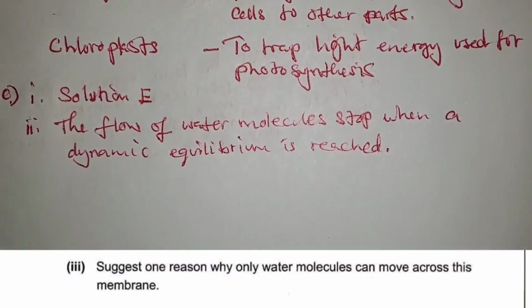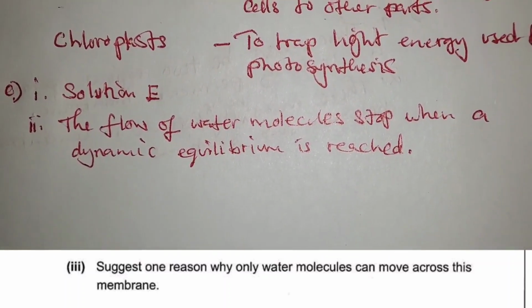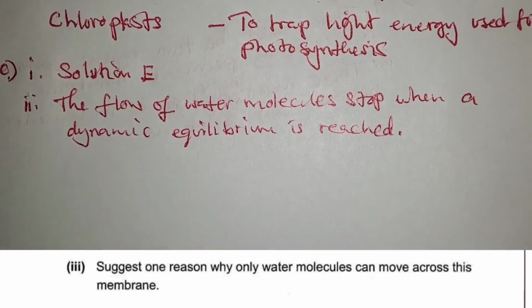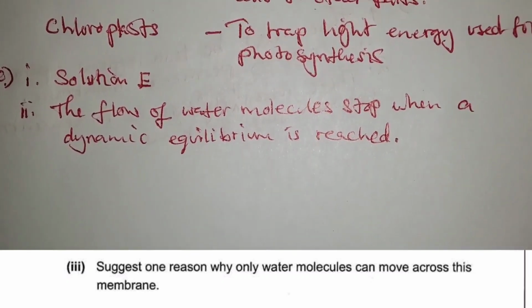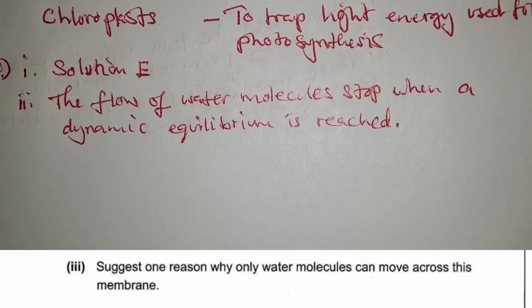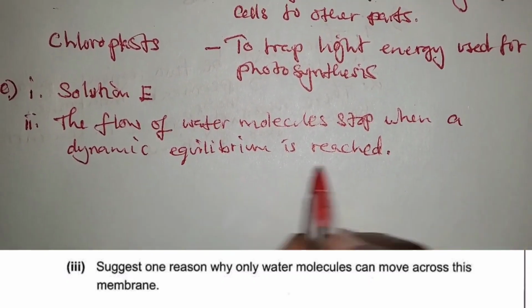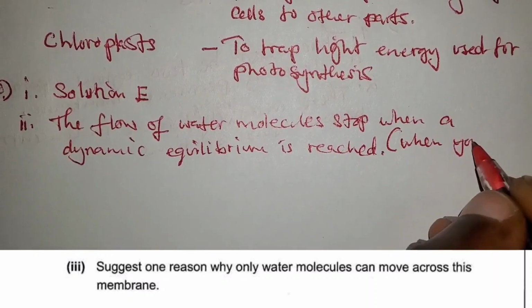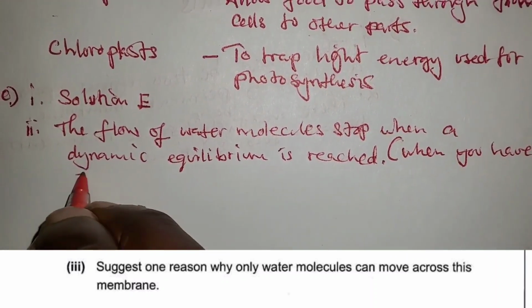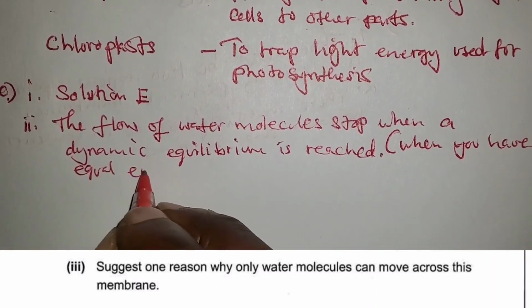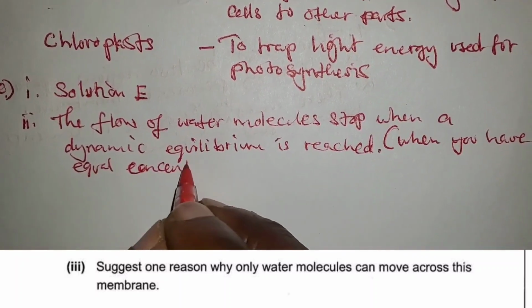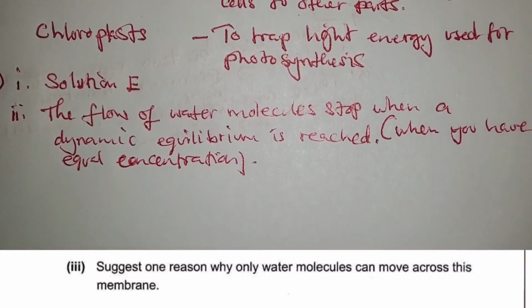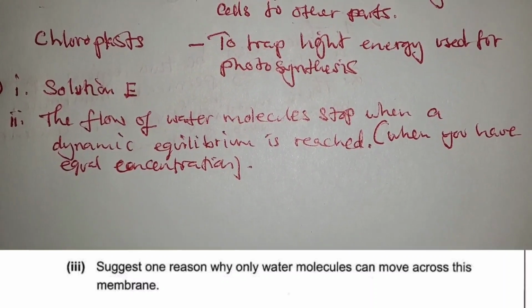A dynamic equilibrium means that the concentration is equal on both sides. When you have equal concentration, that's when the flow of water molecules will stop.